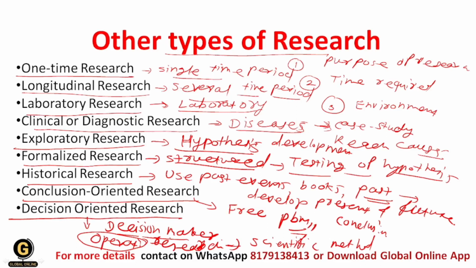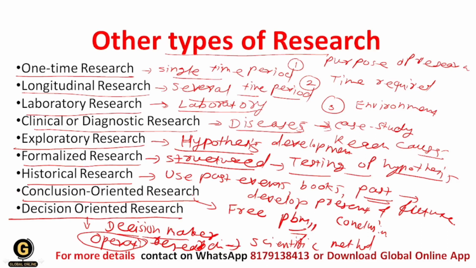That's why here the researcher can't use his own thinking power or ideas to conceptualize things or to reach the conclusion of the research. So this is the basic difference between conclusion oriented research and decision oriented research.